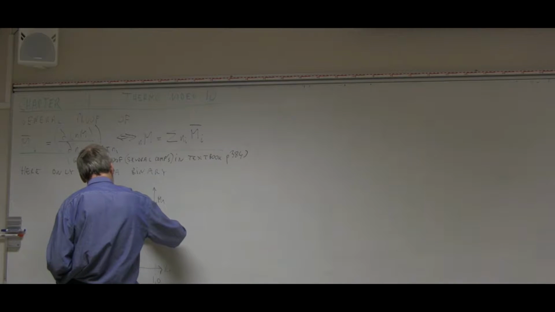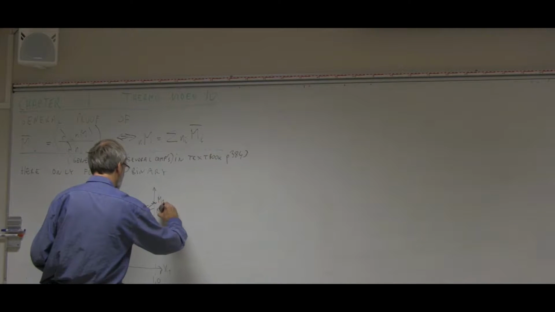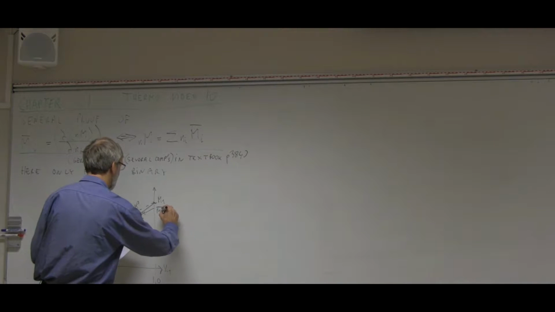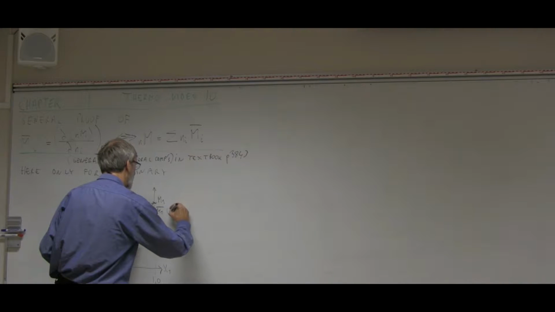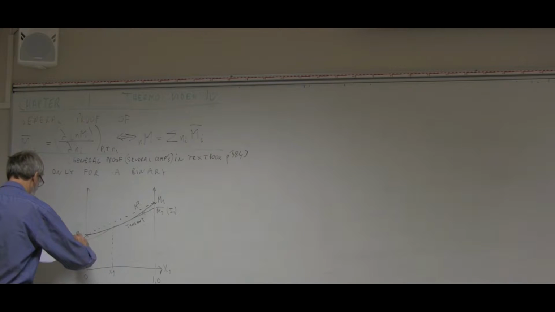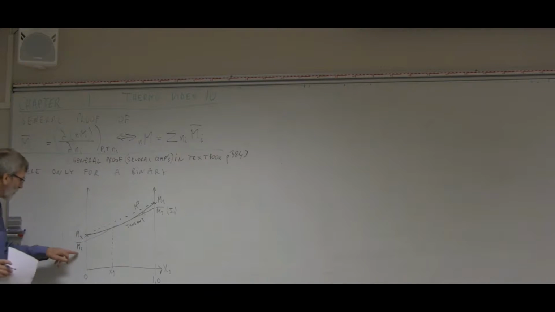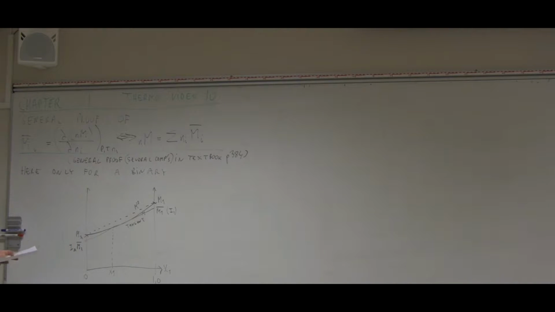This is a tangent, and we get the partial molar property of component 1, or I1, and here we have the partial molar property of component 2, which we can call I2.